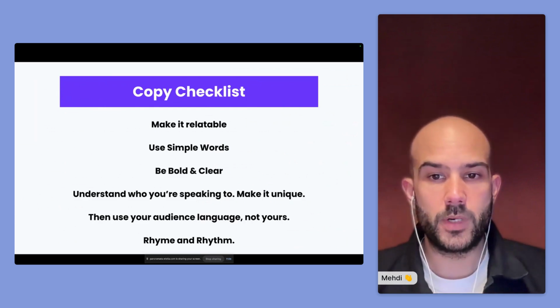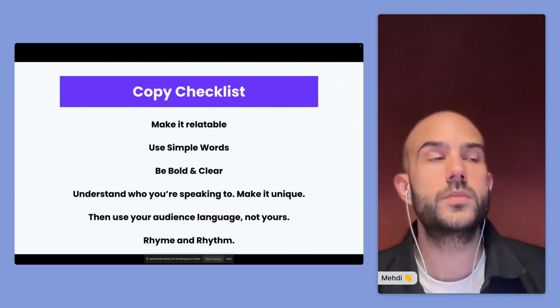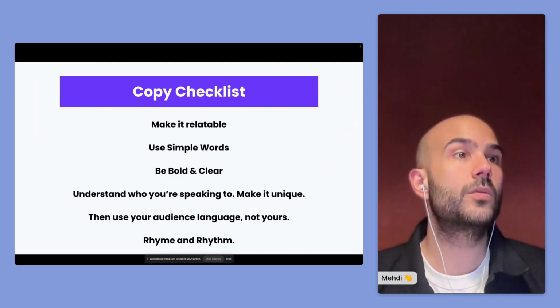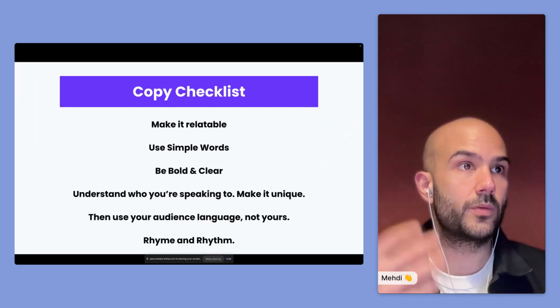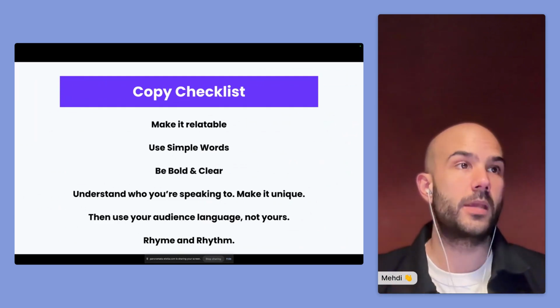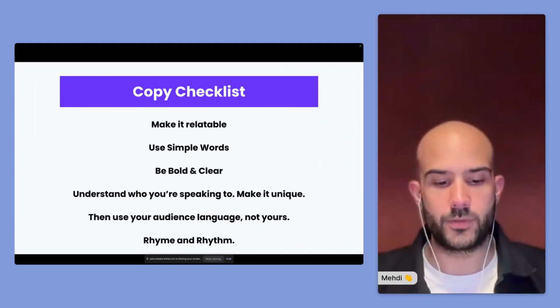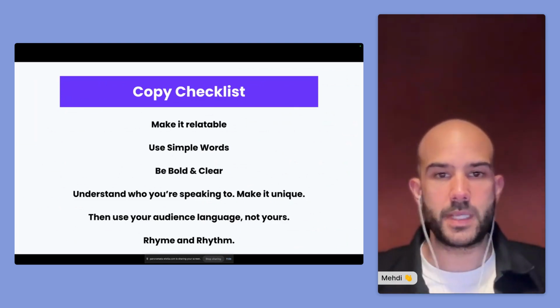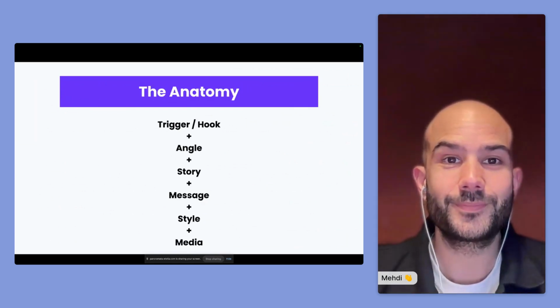That's why usually people are saying that looking at the reviews on your product, the reviews on your competitor's product is a good source of inspiration for ads, because doing this, you're pretty sure to catch their semantics, their language, and then you're able to use that in your own ads as well. And then, of course, rhyme and rhythm. Just make sure that the copy sounds good too.